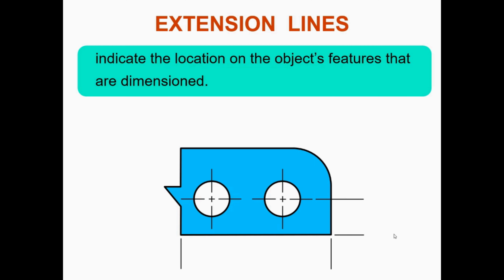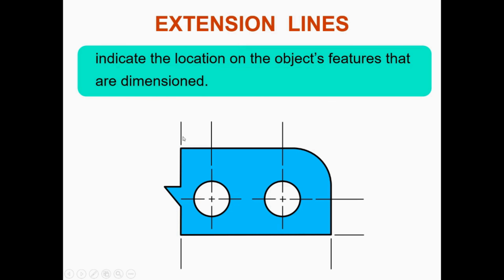If you want to dimension with respect to location, you want to locate the hole that is within this particular object. So this point and this point give us the location of this particular hole. You can have extension lines this way also, where you want to determine the size between the two circles that you see on your screen. These lines extending out are what we call the extension lines.